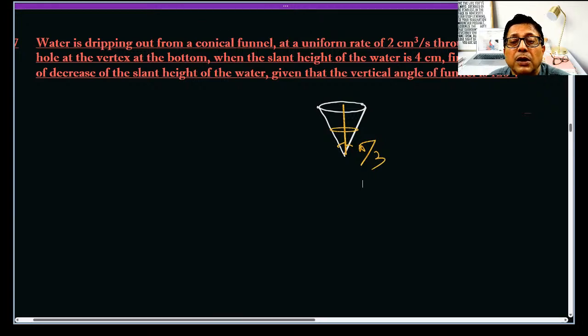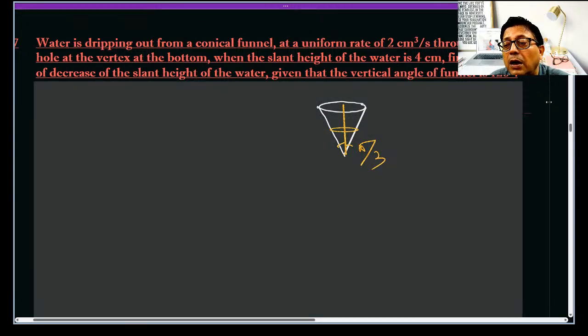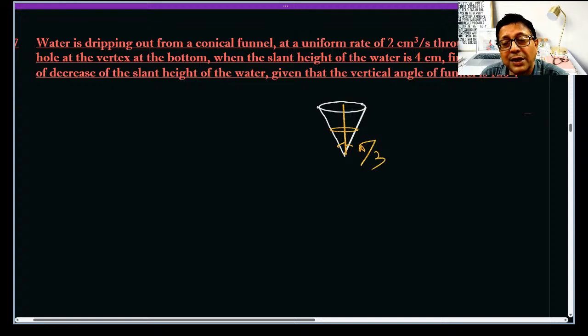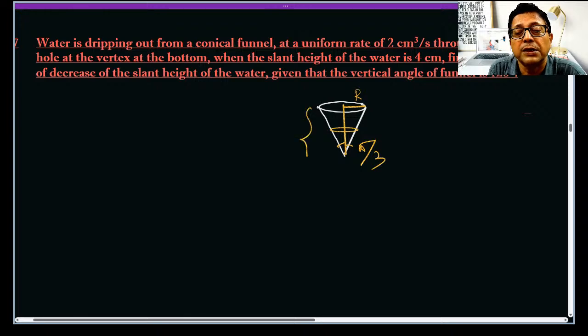Now tan theta is what? R by the height of the cone. We can use the tan theta concept, we can use the similarity concept also. This is big R, this one big H, this one smaller, and this height is small h.